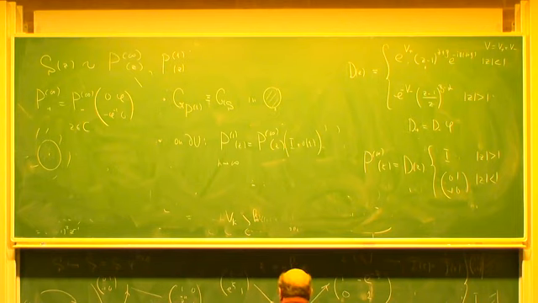Let me restore it. I'm sorry. So this is e to the i pi beta minus alpha sigma 3.